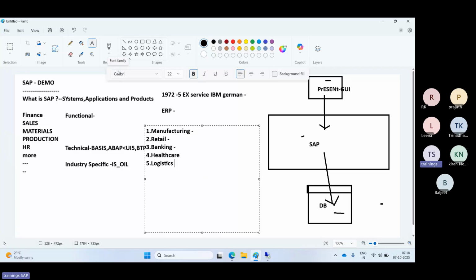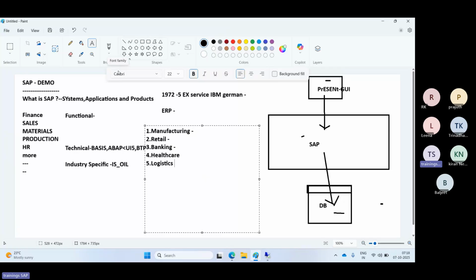We can integrate it in multiple places: public and private sectors, utilities, oil and gas, retail, healthcare, automobile, banking, insurance companies. Everywhere they use SAP.